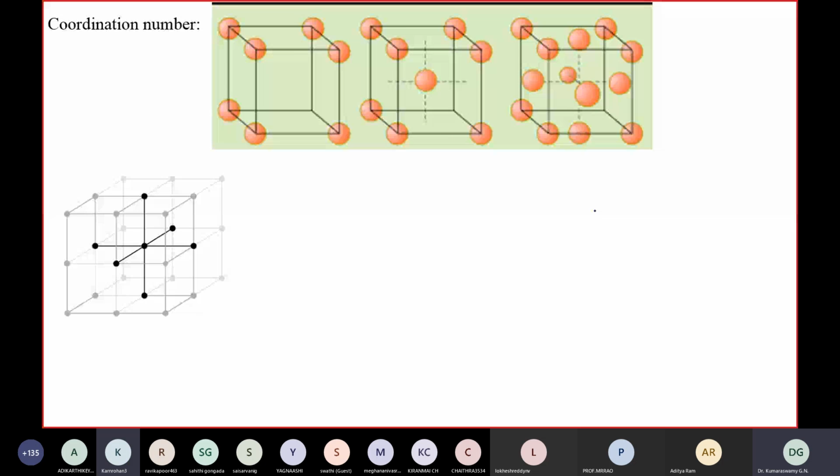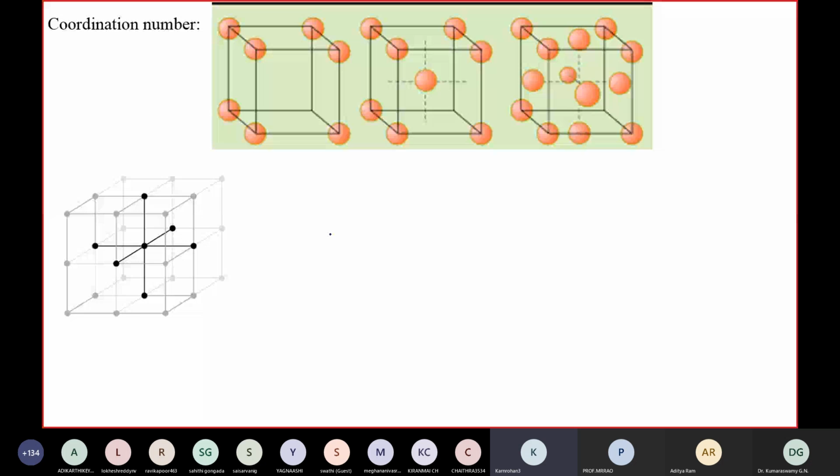Okay, this is cubic crystal. Sir, can you give the definition? It is the number of nearest neighbors directly surrounding a given atom well within a crystal.